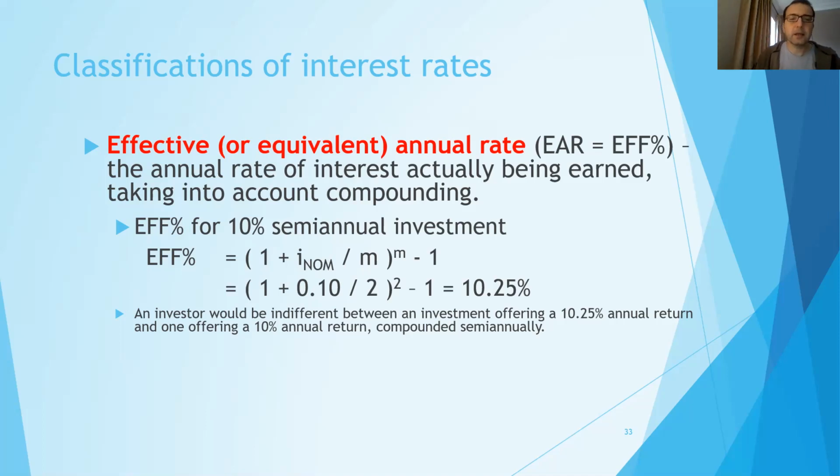So here is an example with the 10% semi-annual investments. So the per period interest rate is 5%. Let me show you on a timeline. So we have 1 year, 6 months, 1 year. So the 10% is the annual rate.